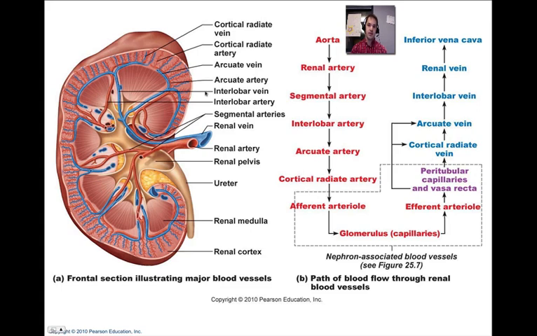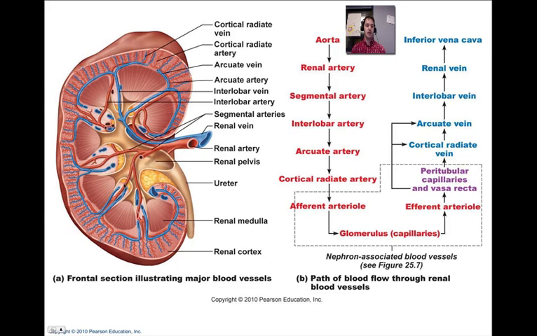So here's how blood flow at the kidney works. We've got the aorta, which is not shown here, and then we've got the renal artery, and the renal artery then branches into the segmental arteries, then the interlobar arteries.